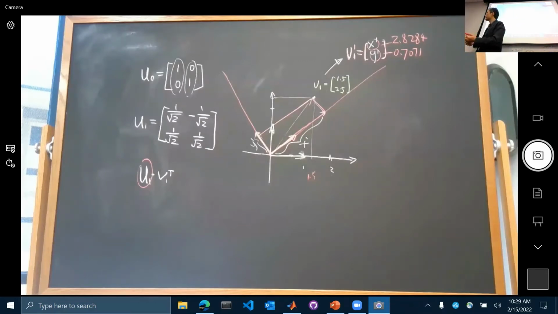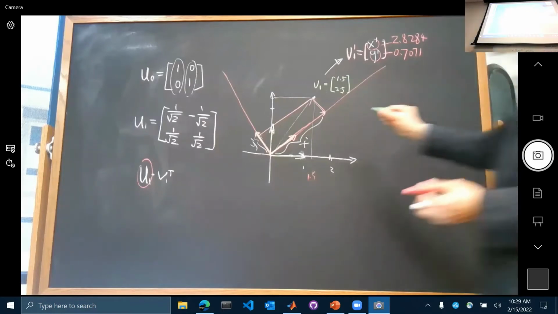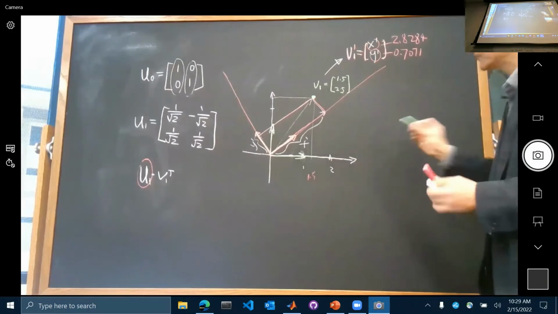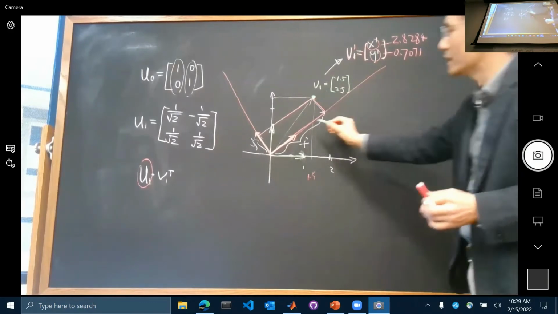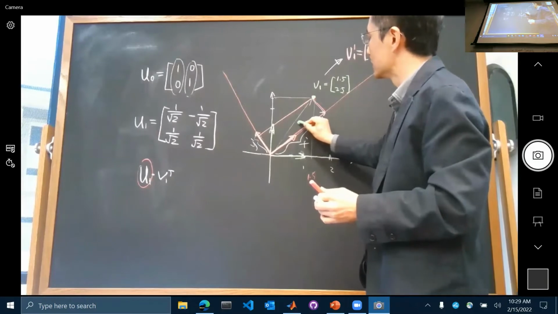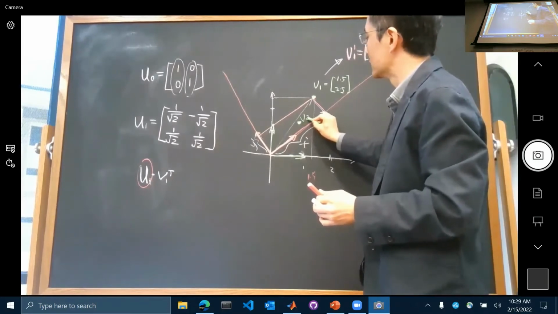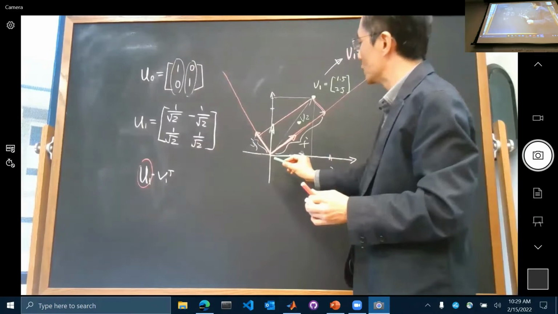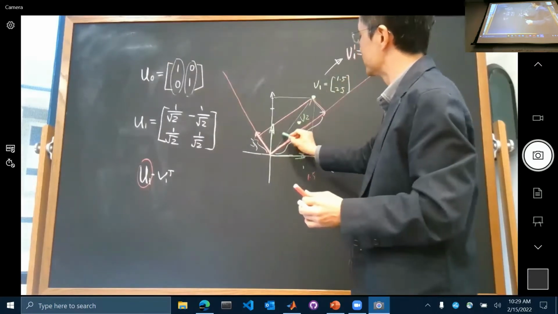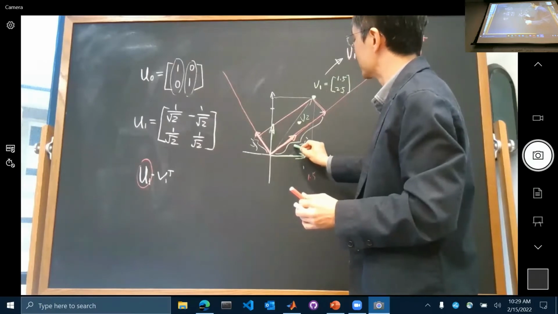Okay, somehow. Now, let's consider we have multiple data points. Now we have V1, we have V2 here somewhere, and also we have V3 here.